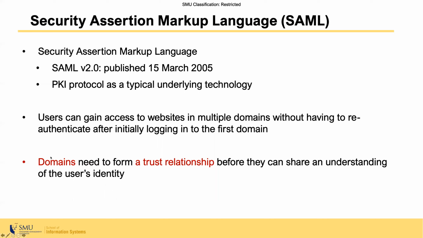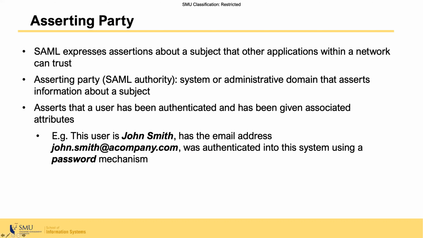But before that, those different domains must already form a trust relationship before they can share such an understanding about who the user is. So let us look at some definitions of this asserting party and relying party. Essentially, the asserting party would provide assertions about the users, who are called subjects, to the other applications within this trust network.